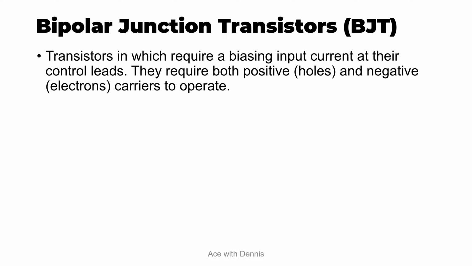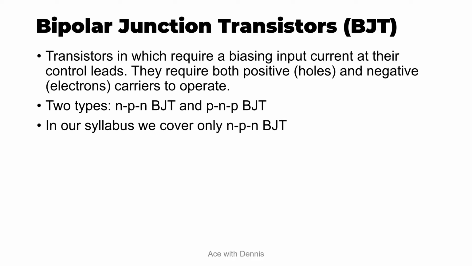BJT are transistors which require a biasing input current at their control leads. They require both positive or holes and negative or electrons carriers to operate. There are 2 types of BJT, which are NPN BJT and PNP BJT. In our syllabus, we cover only NPN BJT.